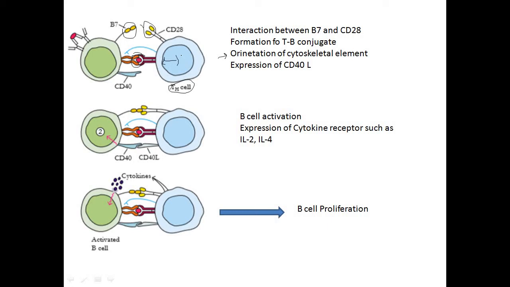It means that the Golgi body will position itself in such a way that its face is towards this interaction part, because they will start the secretion of cytokines in this direction. So they need to arrange themselves so that they face this interaction complex. This is what happens in the orientation of the cytoskeletal element.